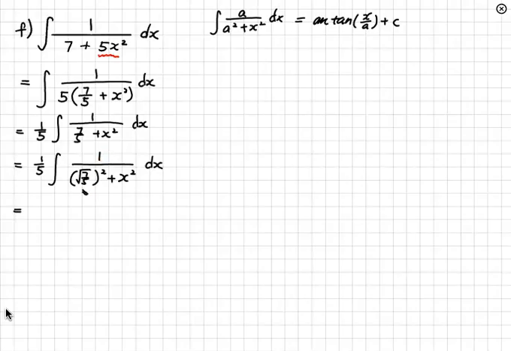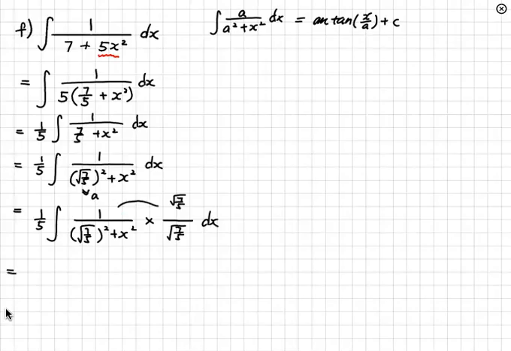For this case, the a is root of 7 on 5. So what that means now is I'm going to multiply root 7 on 5 to the numerator as well as the denominator. So I'm going to times by root 7 on 5 and root 7 on 5.